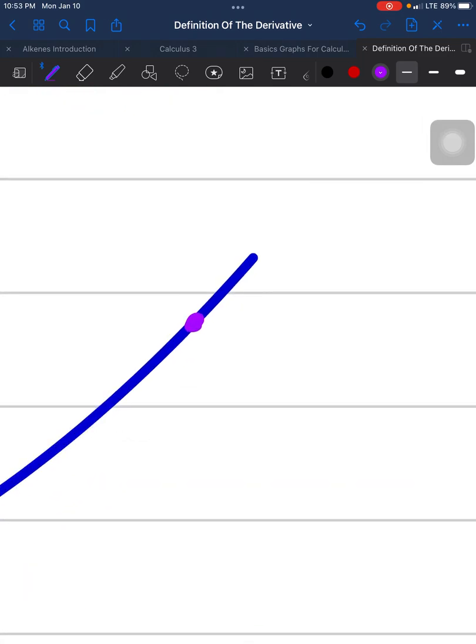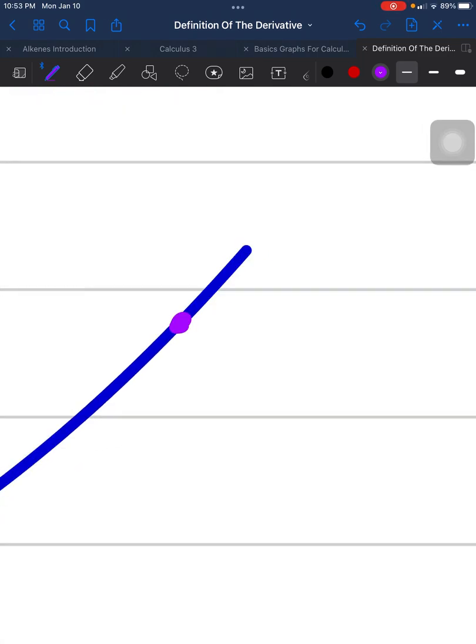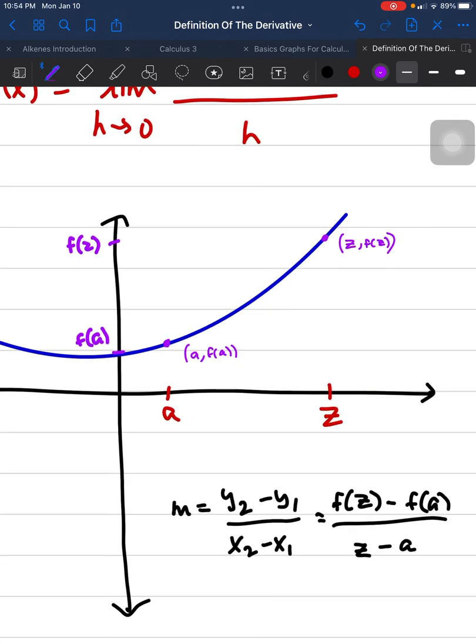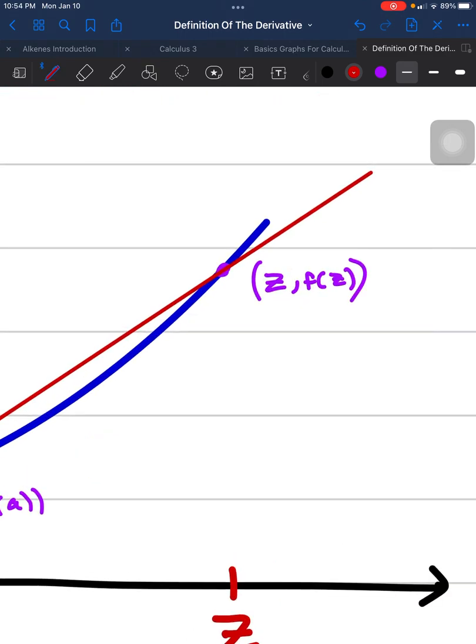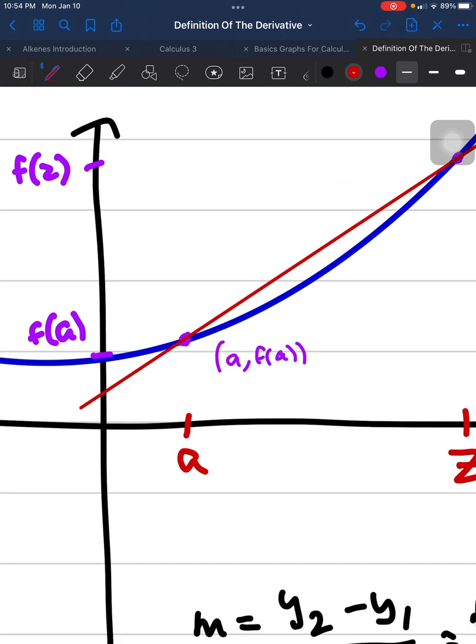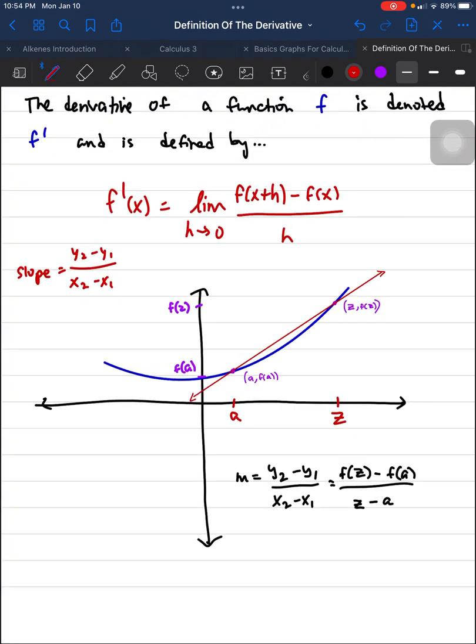This is how you just write a regular point on an xy plane. And this right here is z, f of z, right? Now say if I made a line from the a, f of a to z, f of z, this is the line we get, and this is basically the tangent.